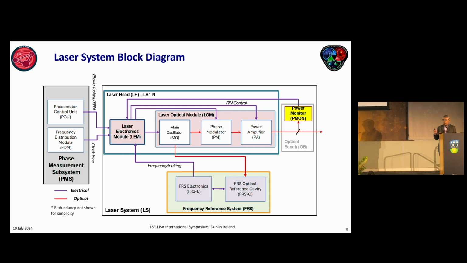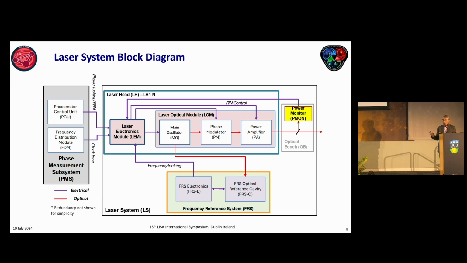Then we have a drive signal from the LEM to the phase modulator to provide the RF and the PRN signal for ranging, and then that signal is inputted into the power amplifier, to provide a 2-watt output.